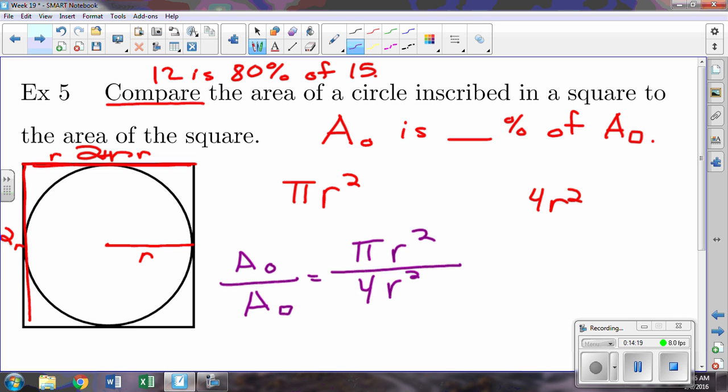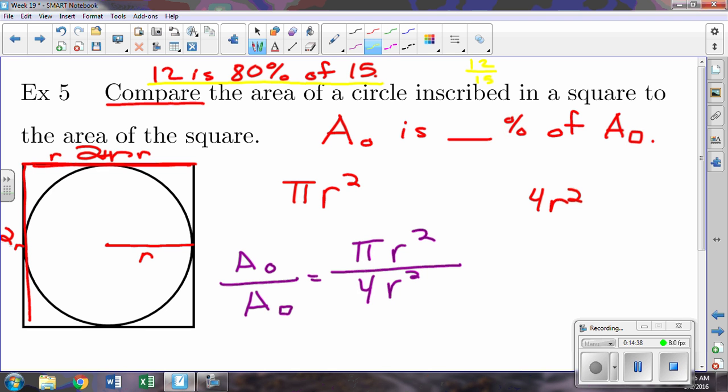Do you see that the structure here, area of circle compared to area of square, is the same type of thing that we started with, 12 and 15? We started by creating the fraction 12 over 15 to compare them.